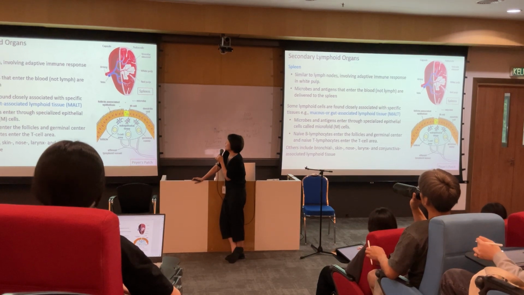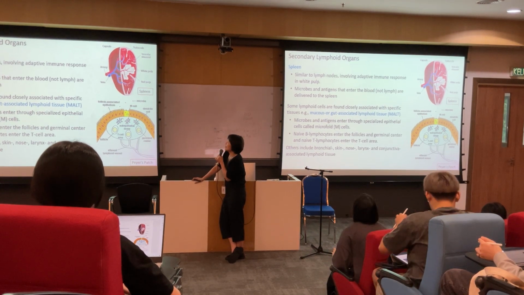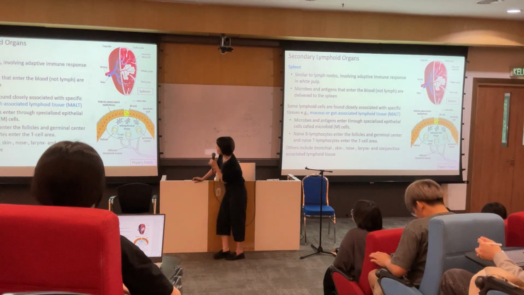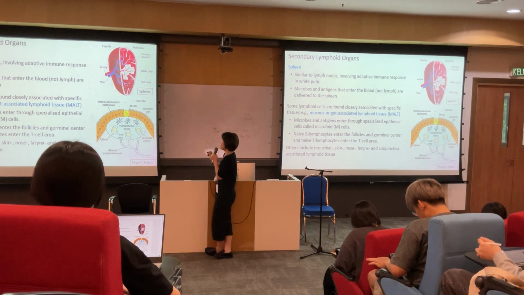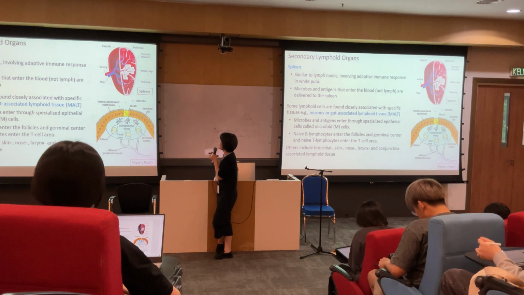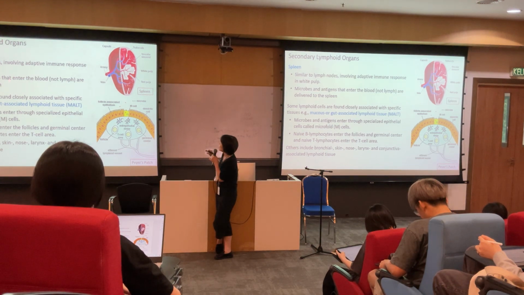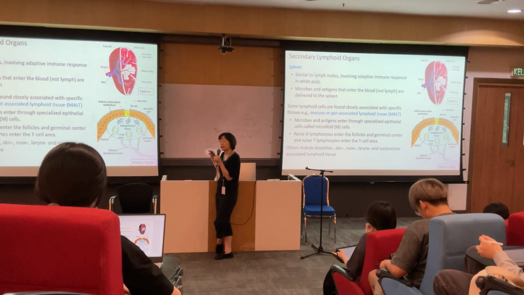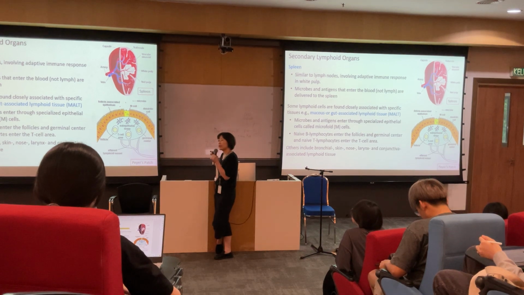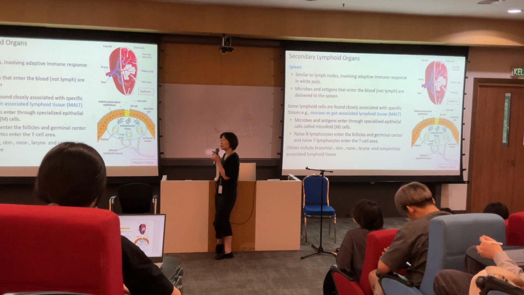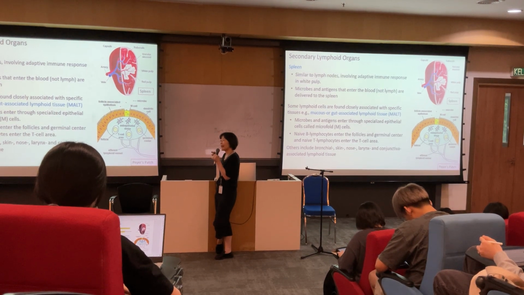Talking about the secondary lymphoid organs, there are more than the lymph node. The secondary lymphoid organs also include the spleen. The spleen is similar to the lymph node, and blood also goes through the spleen, and the spleen can also collect microbes or antigens, but it is different from the lymph node. In the case of the lymph node, pathogens or antigens go into the lymph node through the lymphatic vessel.